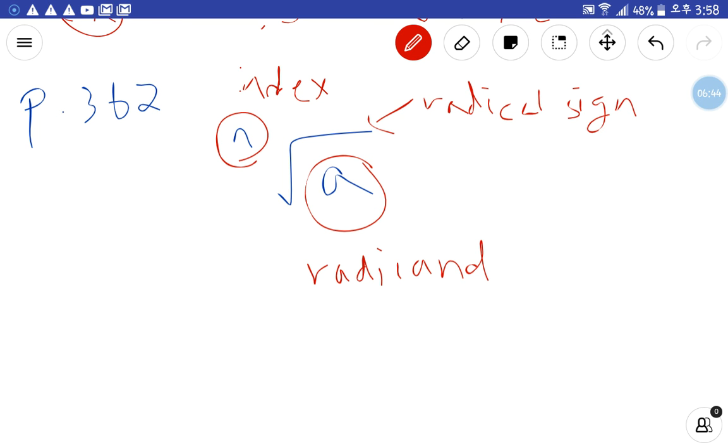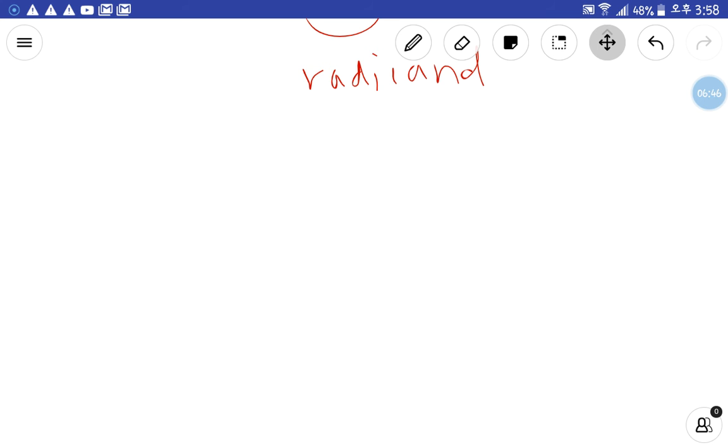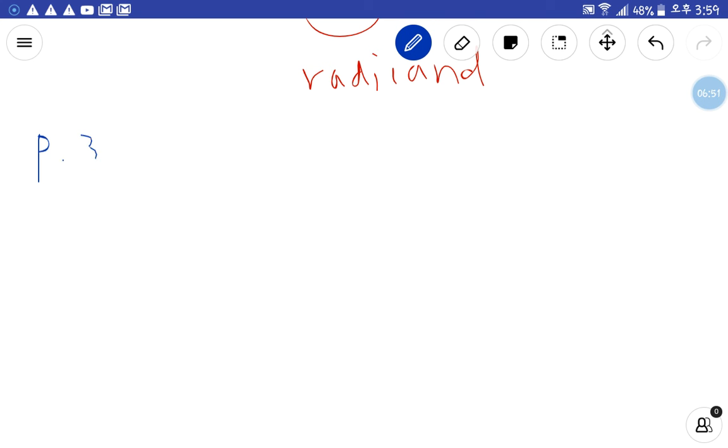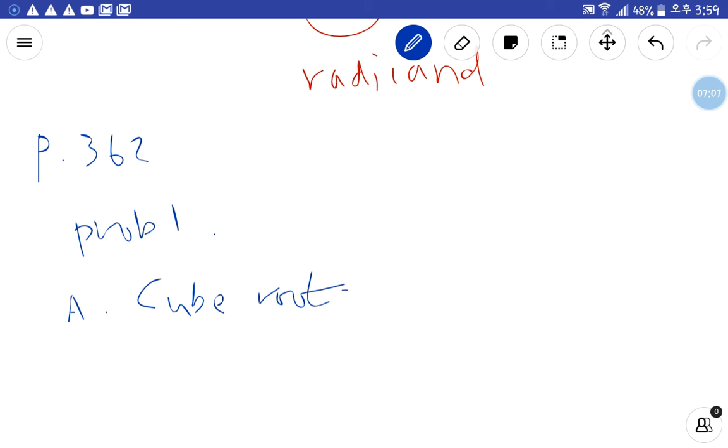Okay, alright, let's move on to the example on page 362. I'm still on the same page, problem 1. A. What are the real cube roots of 0.008, negative 1,000, and 1/27?